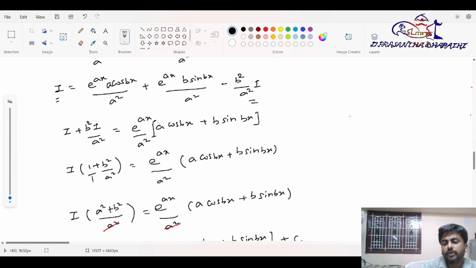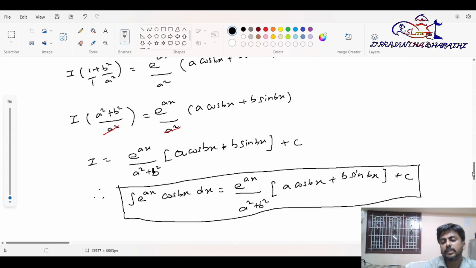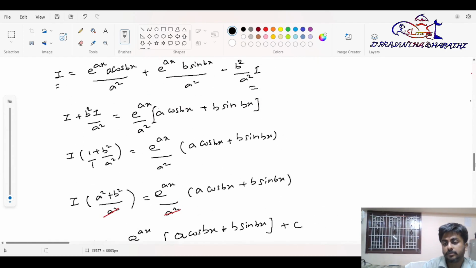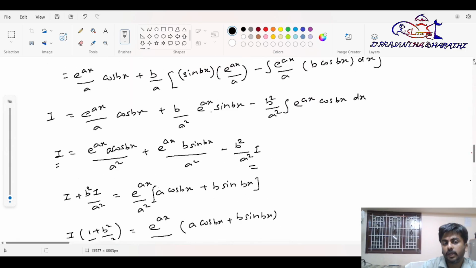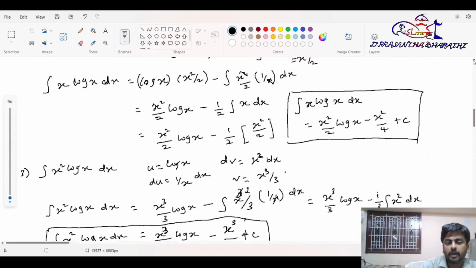So this is very important. These four problems will make you understand the difference between Bernoulli's formula and the integration by parts. We have also seen a problem on Bernoulli's formula.